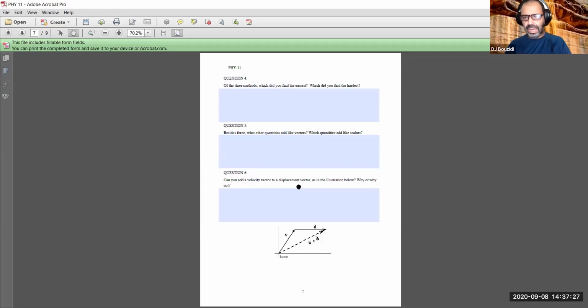How can you add 2 meters per second to 5 meters? They don't match at all. It's like asking to add $2 to 2 oranges. They have nothing to do with each other. These are mismatched things. They are different quantities, so you cannot add them together.